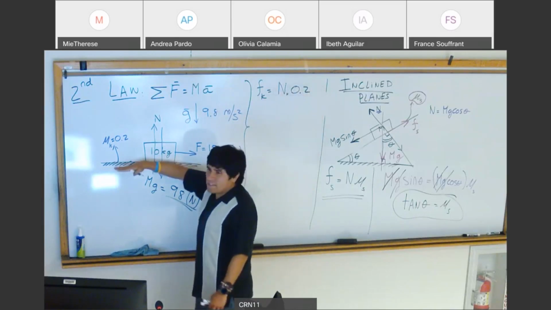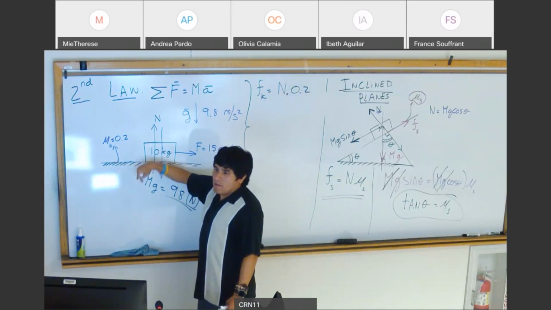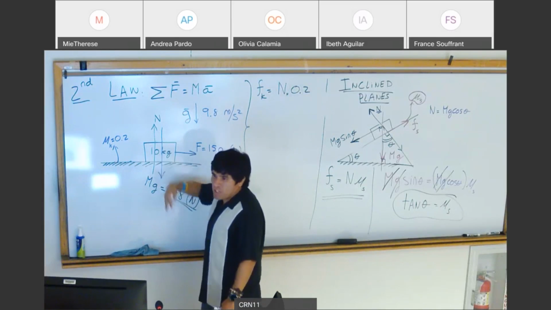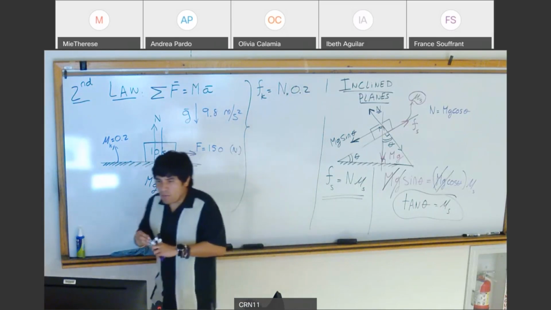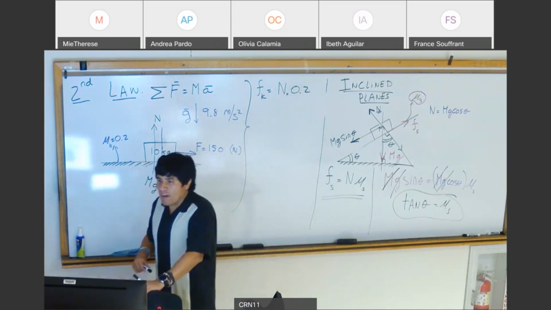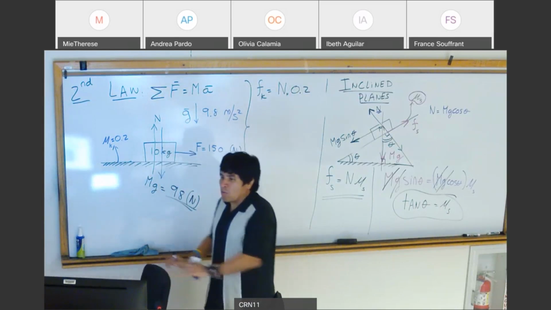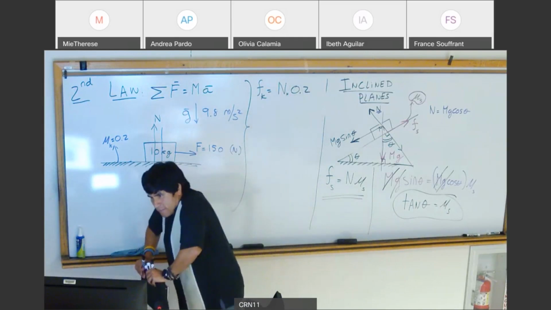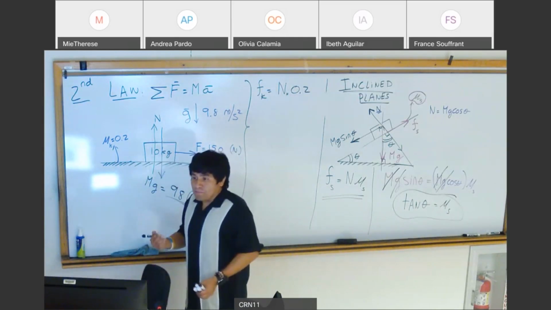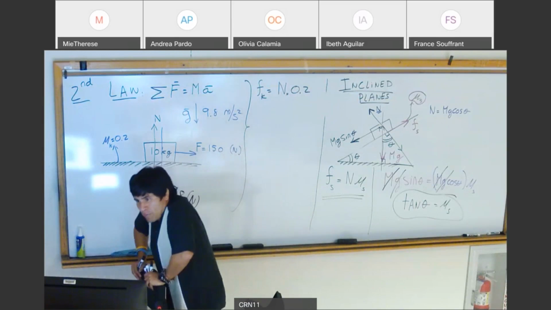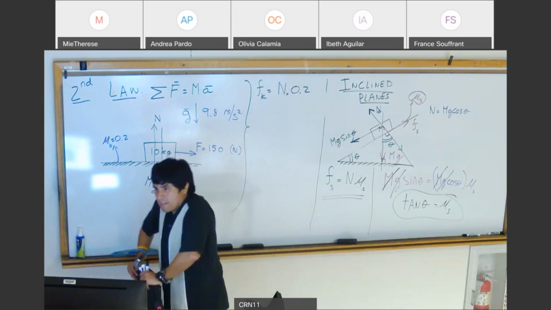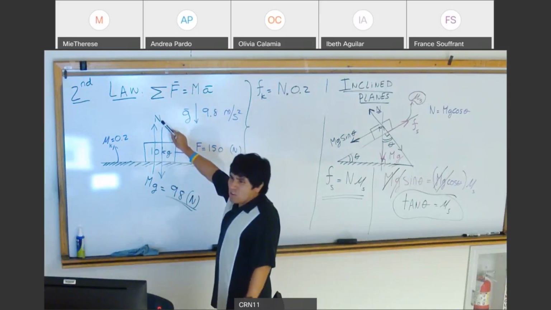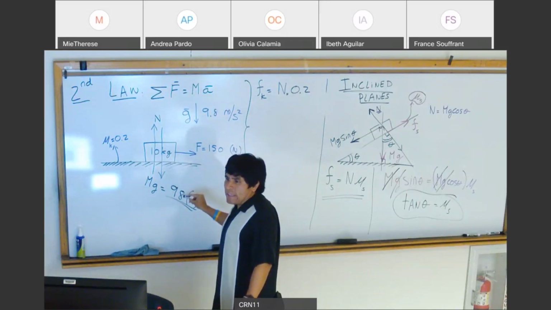When the body is on a horizontal table, whatever the weight is, if there are no other forces pushing it towards it, because you can have a situation where, for example, this chair, right? The normal of the chair will be just the weight of the chair. But if I press it, the normal will be bigger, because on top of the weight, I'm pressing it, right? But in this case, there's not that. So just the normal equals 98.